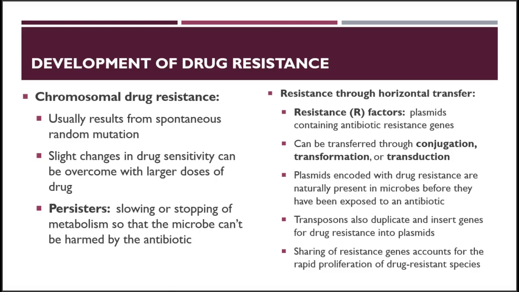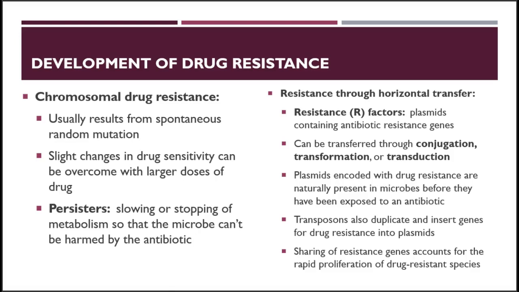Because we derive our antibiotics from other microorganisms who are naturally found in the environment, these organisms are likely exposed to that antimicrobial before we've ever used it as a therapy for treating an infection. So they may have that R factor naturally. Transposons can also produce resistance because they duplicate and insert genes in the chromosome and into plasmids.